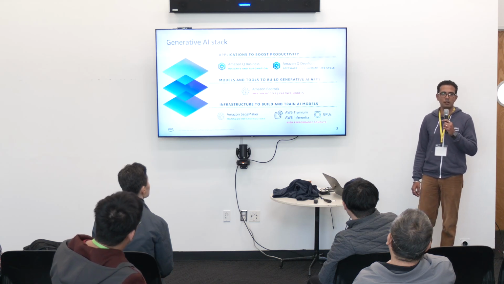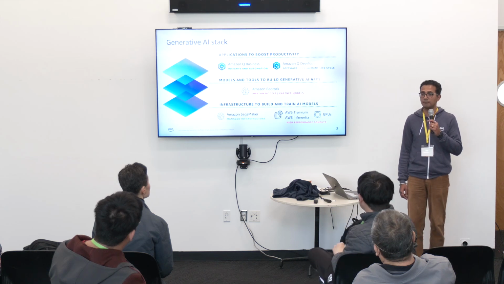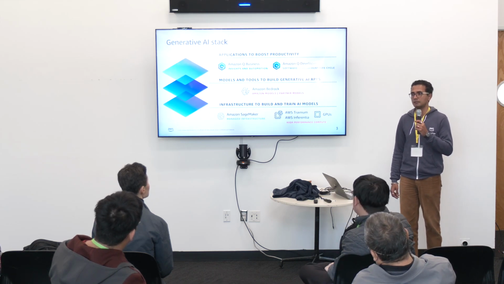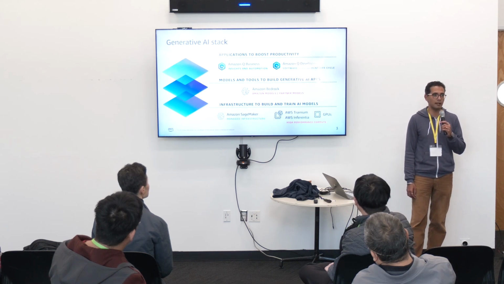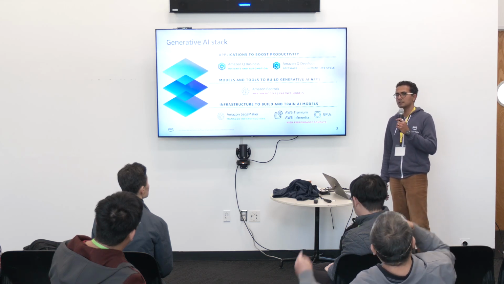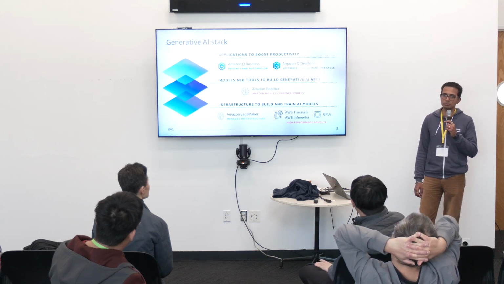You can use all the industry-leading models like from Anthropic, from Amazon, Claude Sonnet, Amazon Nova. You can use open source models as well. You can use Llama 3. You can use other open source models as well. So it provides you options. It provides you different capabilities to use these models for your specific use cases.